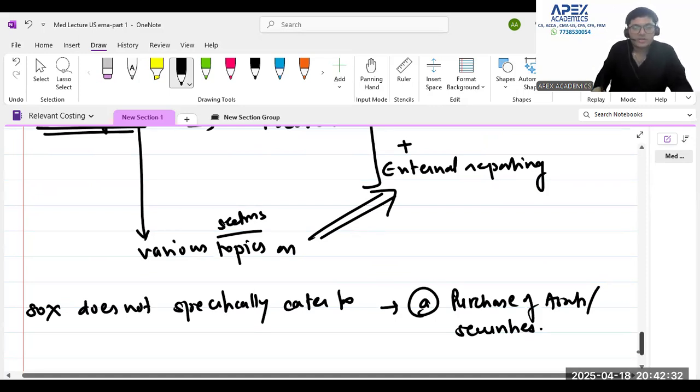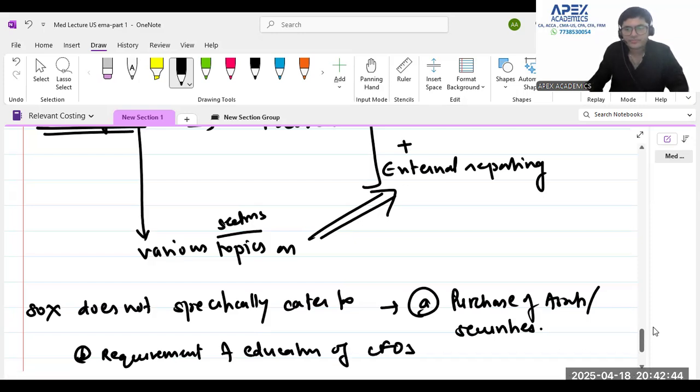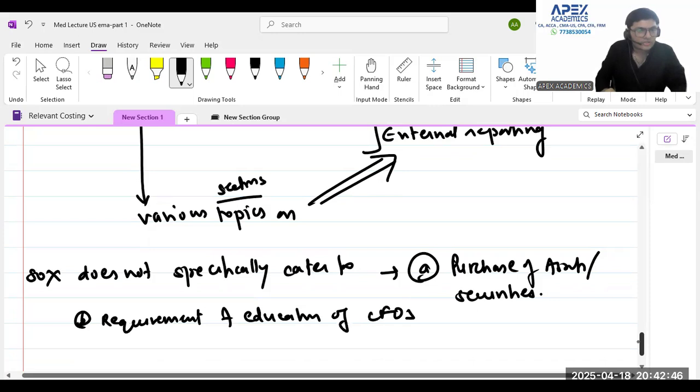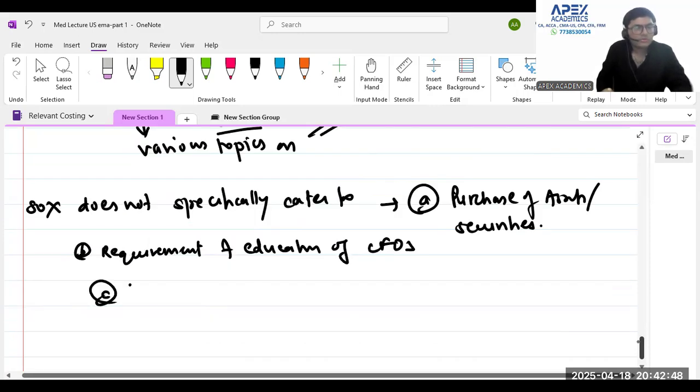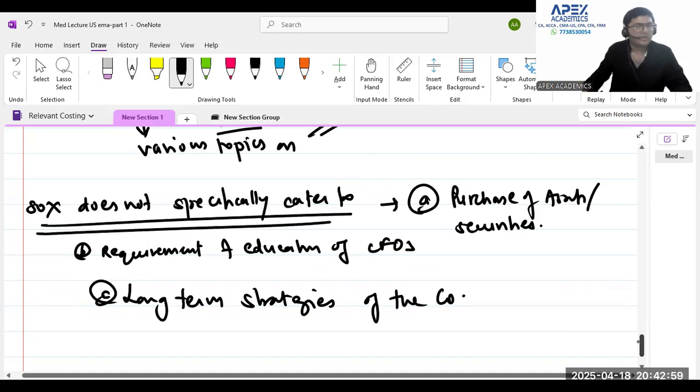SOX does not cater to the requirement of education of CFOs. SOX does not cater to long-term strategies of the company. SOX does not specifically cater to this.